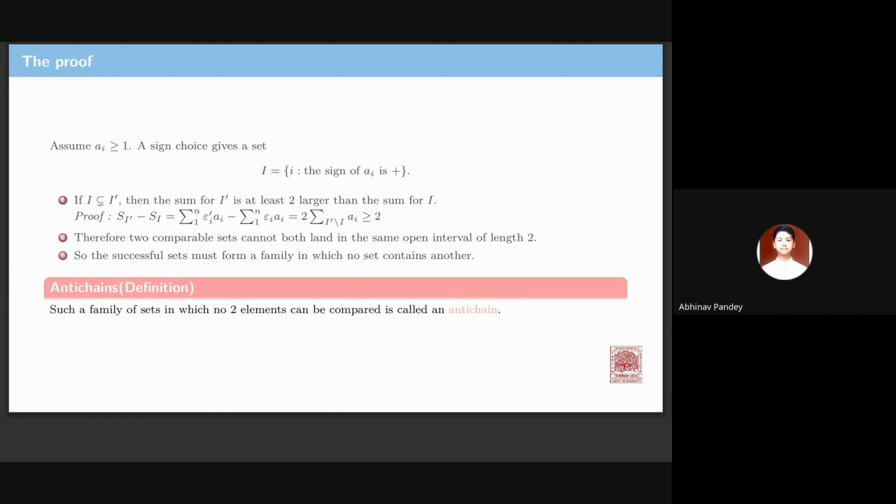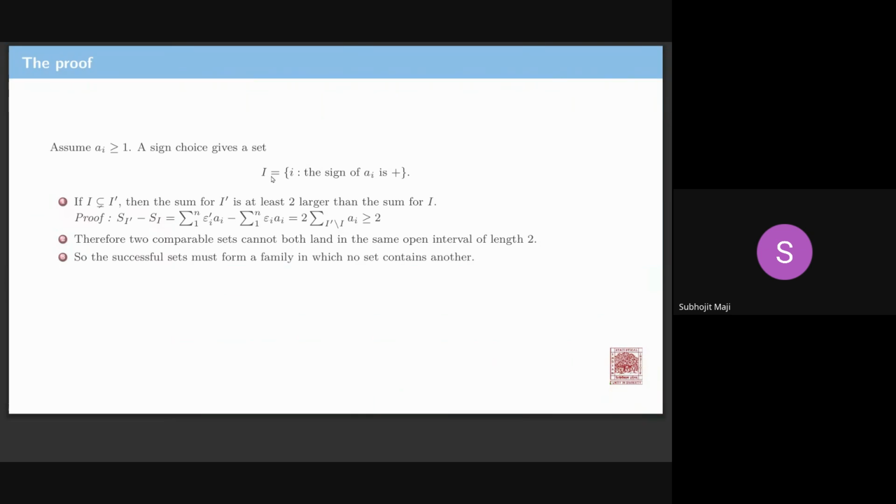Sir, when did we define S of I? So S of I is basically the sum obtained from the index set I, the index set for the plus signs.